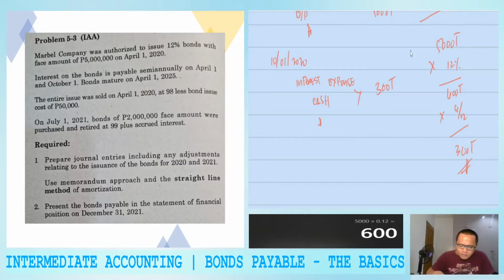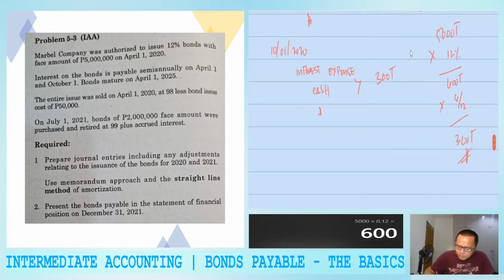Yeah. For the amortization of discount, because as noted, straight line pa rin tayo, so we have the discount of 150,000. If the bond should mature on April 1, 2025, then we have issued it on April 1, 2020. So that is 2020, 21, 22, 23, 24. So that is for 5 years. Now, note lang, if we are to include the first year, do not include the last year.